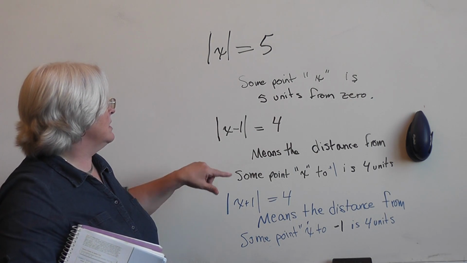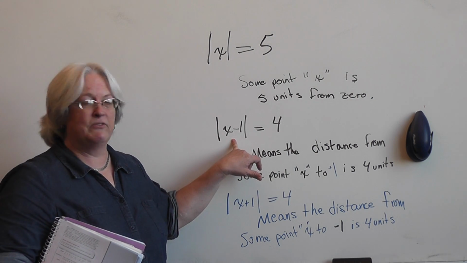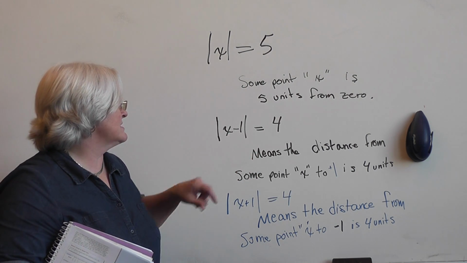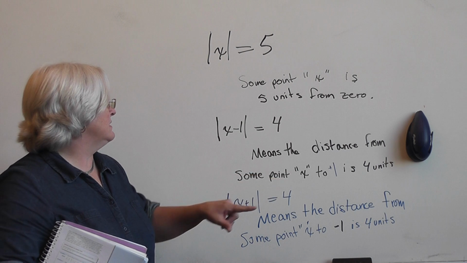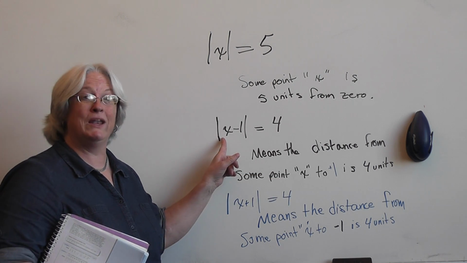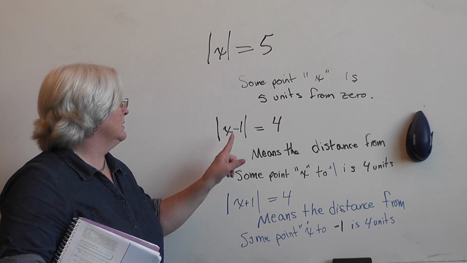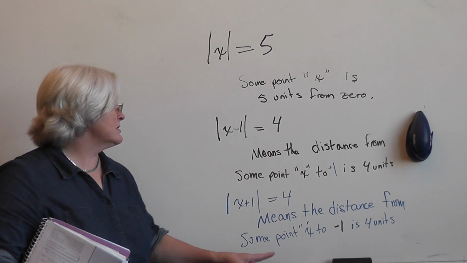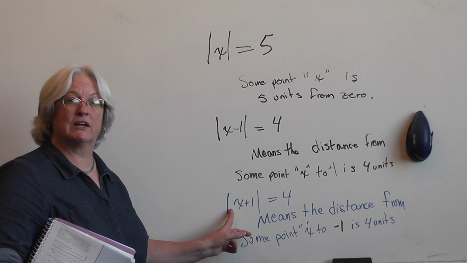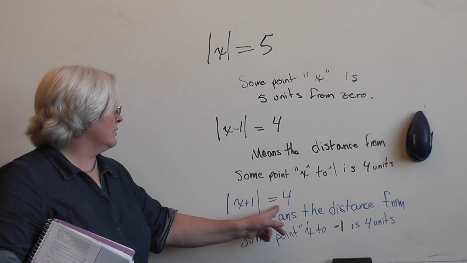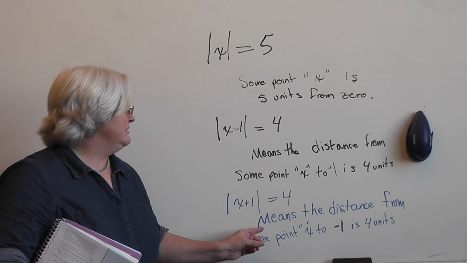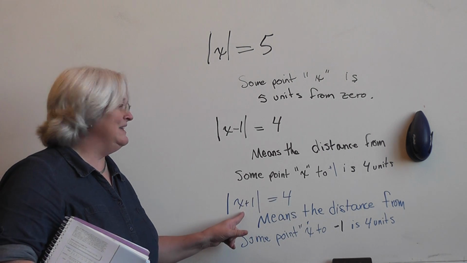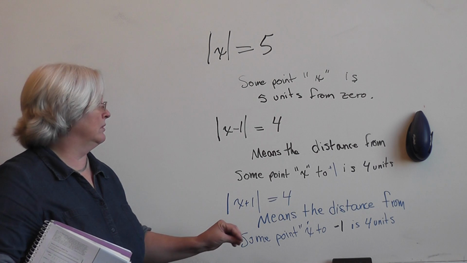That's because when you have this minus the number inside the absolute value bars, what this actually means is that the distance from some point x to a positive 1 is 4 units. This one right here, the absolute value of x plus 1 is equal to 4, means that the distance from some point x to negative 1 is 4 units.